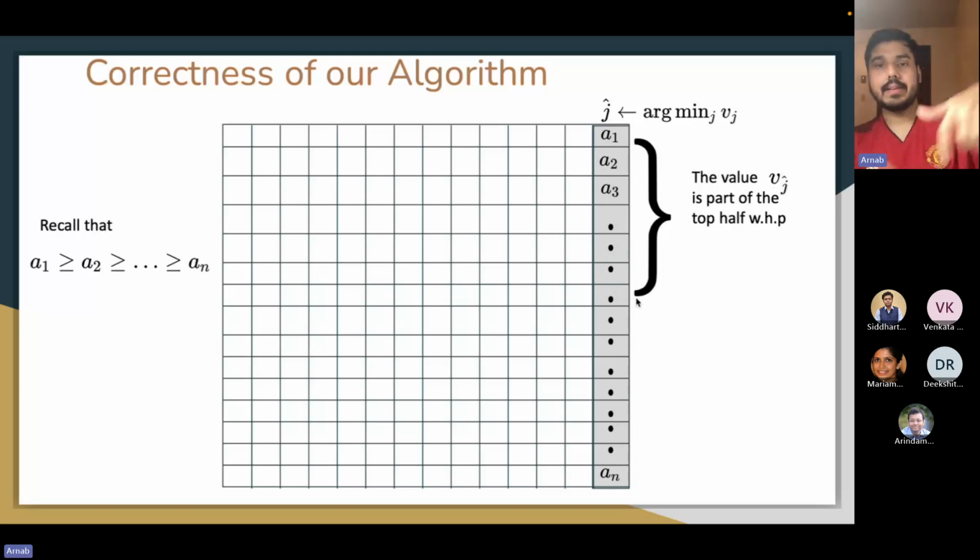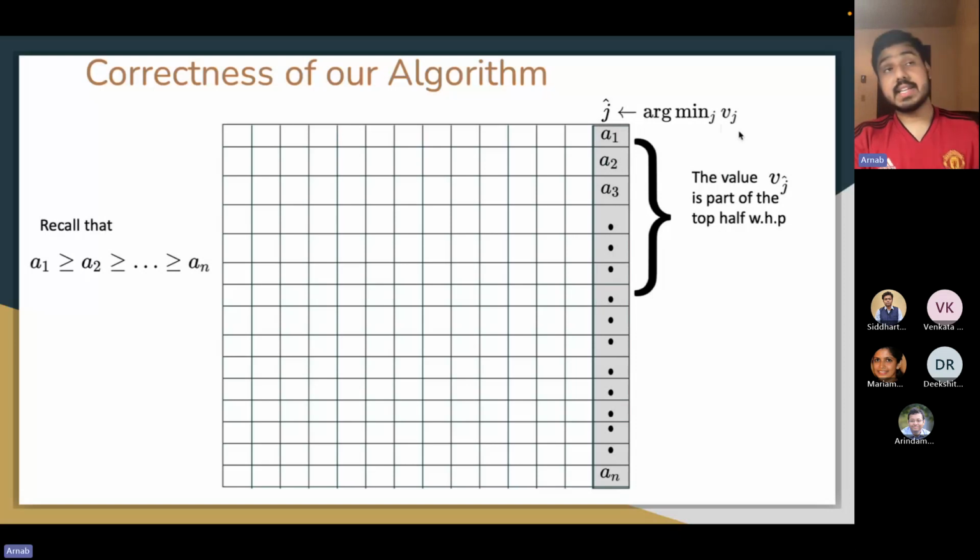If you're sampling a logarithmic number of times, then with probability half it can be in the top half or in the bottom half. The probability that each time it is in the bottom half is half to the power log n, which is very small.